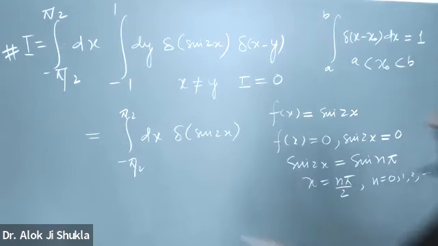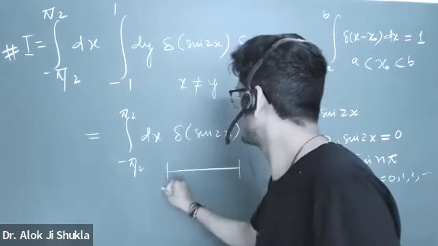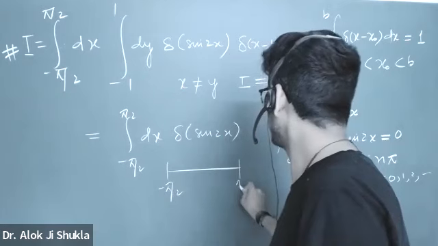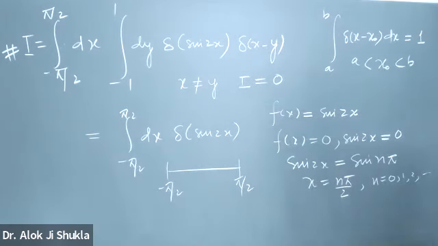But you can see from here the values of x is between minus pi by 2 to pi by 2. Correct? Yes, sir. So see what happens.